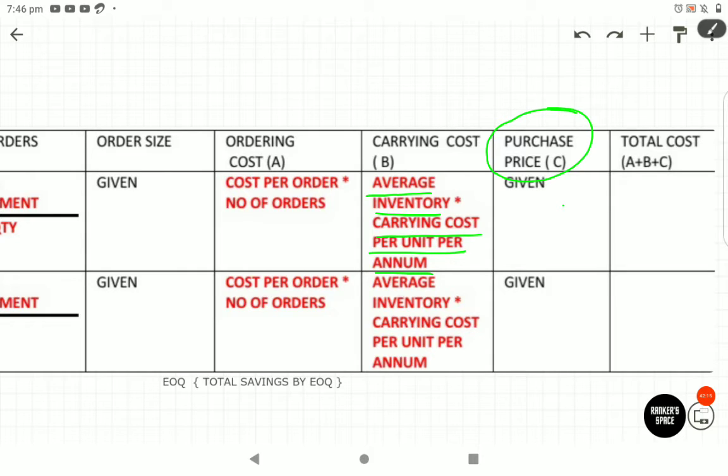So the total cost will be the addition of ordering cost, carrying cost, plus the purchase price. Say for example, here after all the computation you're getting 12,000 rupees. Here you're getting only, let's take 9,000.